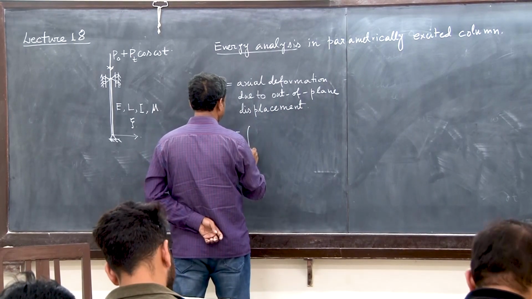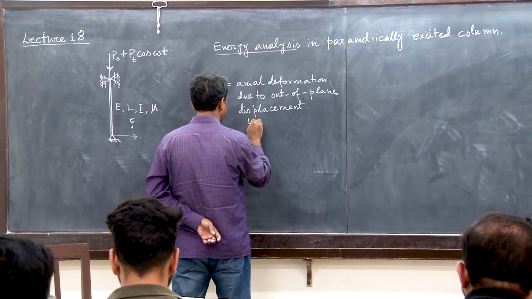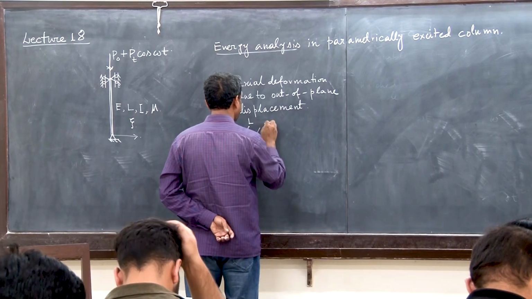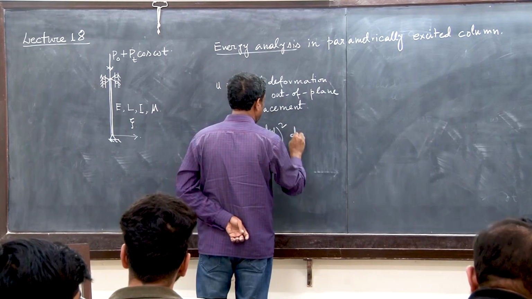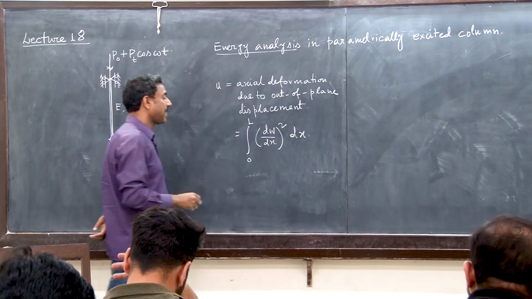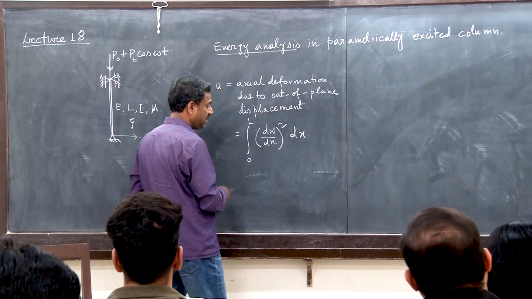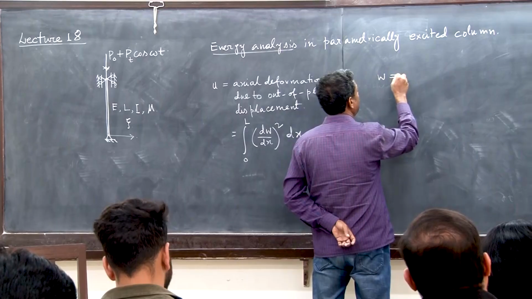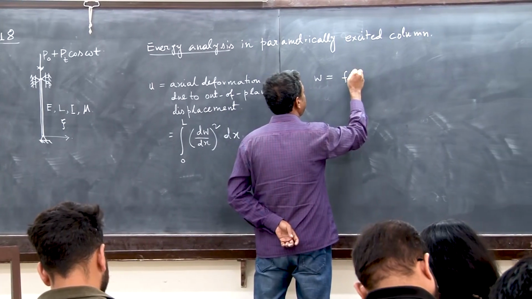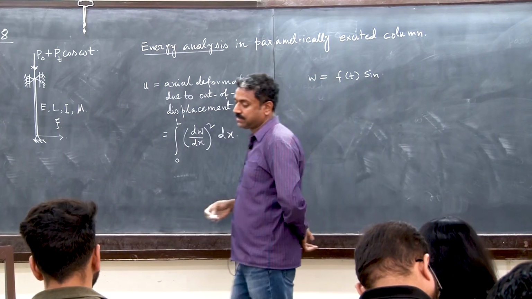Of course, W is a function of x and t, please note that. So what we have assumed is W equals f(t) times sine n pi x by L, right?